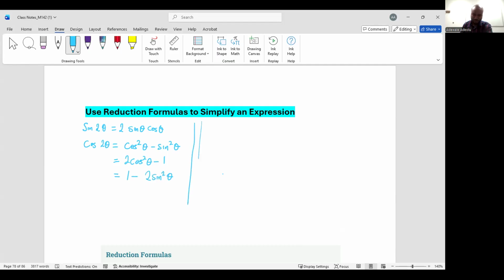From these identities, we can do something interesting. So from cosine of 2 theta equals 2 cosine squared of theta minus 1, this is our double angle formula.